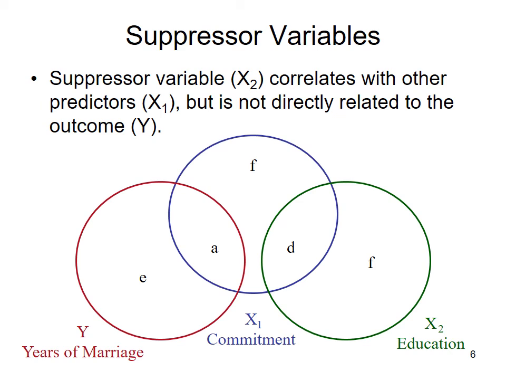But when you find a situation where suddenly in a simpler model like this, you have something that was predicting and no longer is for no particular reason, in other words, another predictor isn't now explaining that variance, it originally was correlated with it, and once you put in this variable that's related to the other predictor but not related to the outcome, it suddenly is no longer showing as related at all. That would be an indication of suppression. In other words, education suppresses the ability of multiple regression to find the relationship that truly exists between commitment and years of marriage.